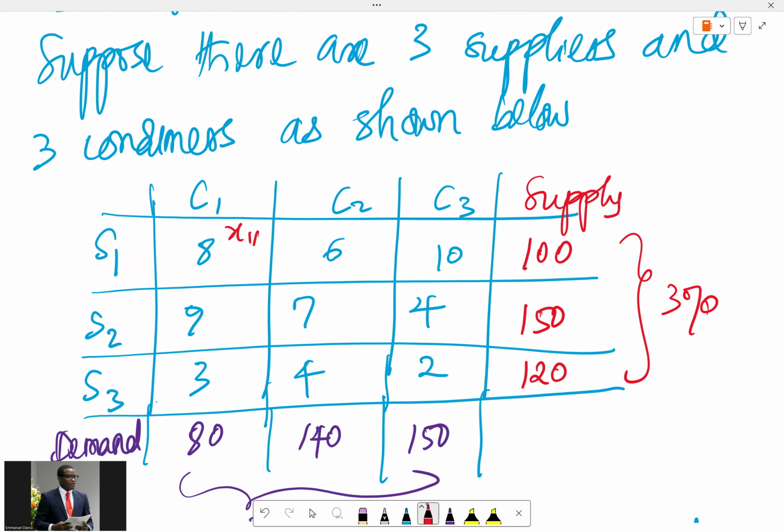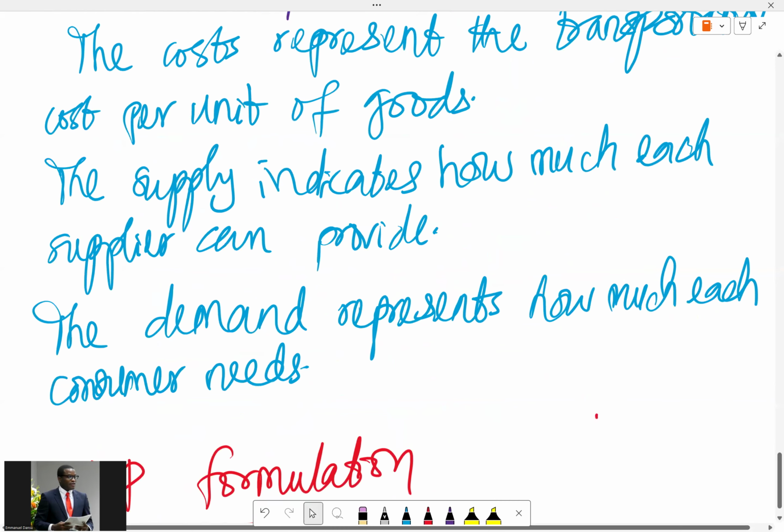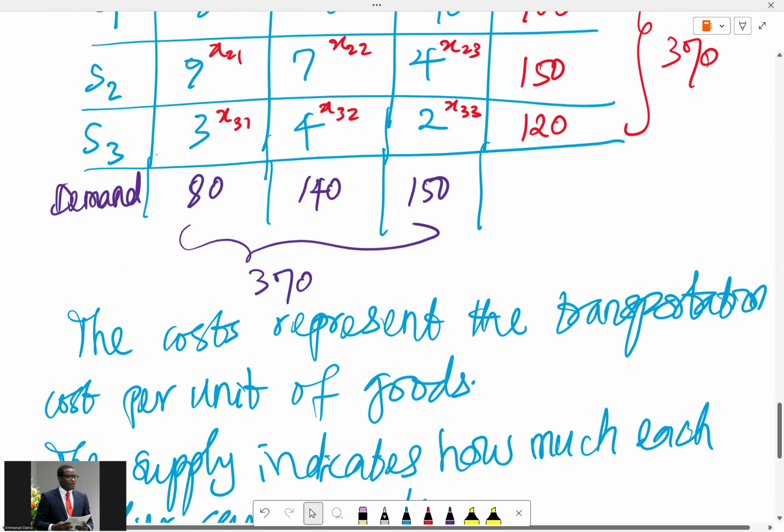So you can just say supplier one, consumer one, 1, 1, supplier one, consumer two, 1, 2, supplier one, consumer three, 1, 3. So X13. So we have X21, X22, X23, then X31, X32, X33, like that. So it means that the objective function is just simply going to be 8x11, 6x12, 10x13, and so on and so forth. So let's do that.